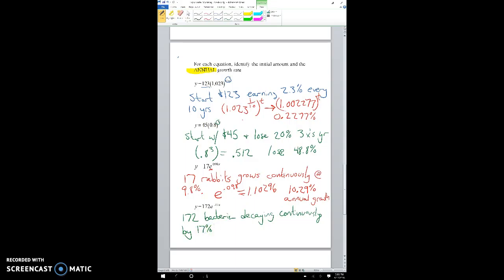So to get the actual growth rate, so you can see the annual change, not the continuous change, you do e to the negative 0.17 in your calculator. And that equals 0.84366, which means that every year you are losing 15.63% each year.